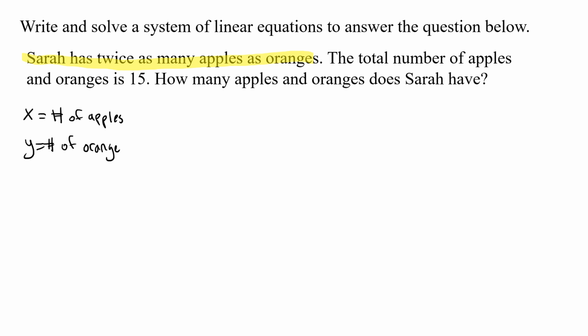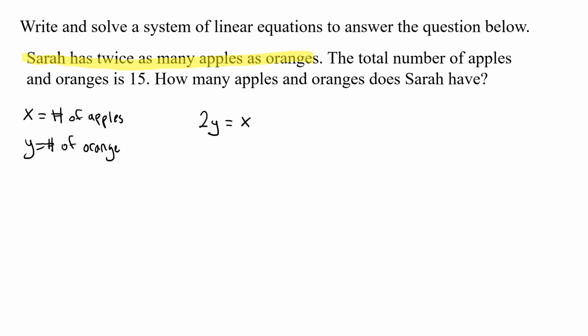So I know if I have oranges, which are y, I have to multiply those by 2 to get the amount of apples because we have twice as many apples, right? 2 times oranges should give me the apples.